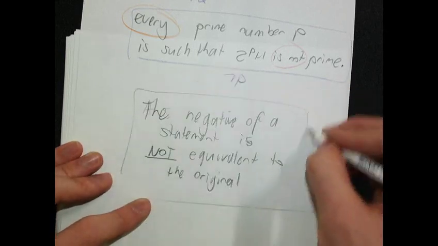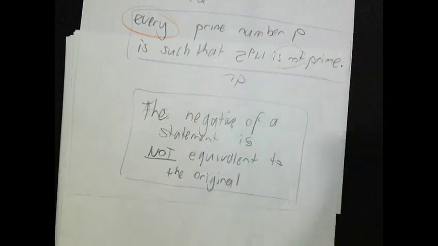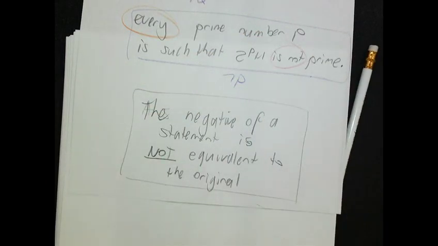That's the whole point of the negative. It's the exact opposite. And so if the original's true, then the negative is false. If the original's false, then the negative is true. So this is our way of dealing with things. If something proceeds from an original to a negative, then the argument is invalid. Unless you're aiming for a contradiction, of course.